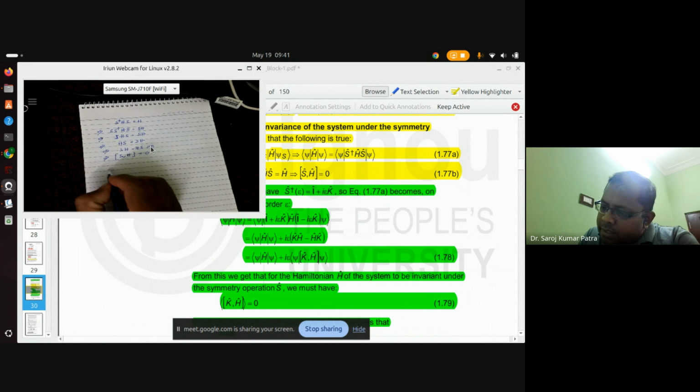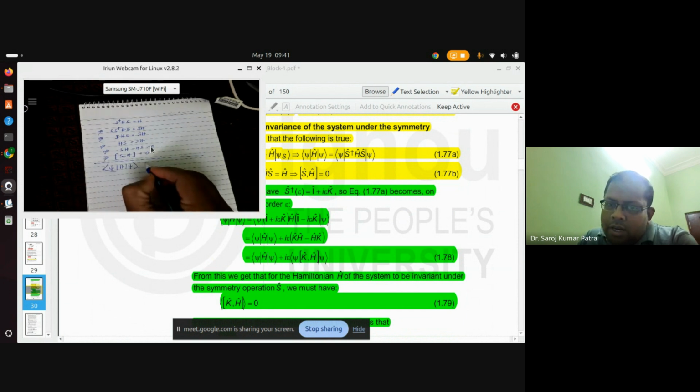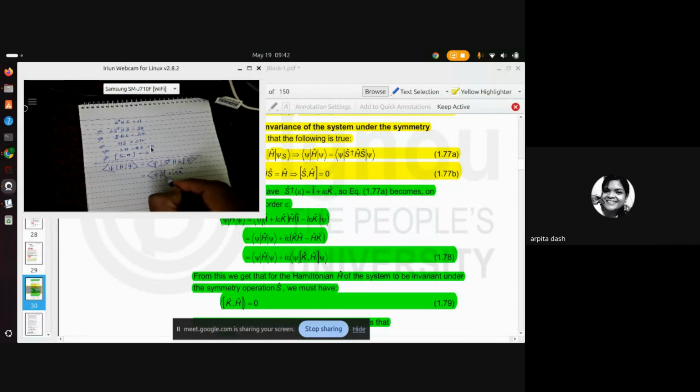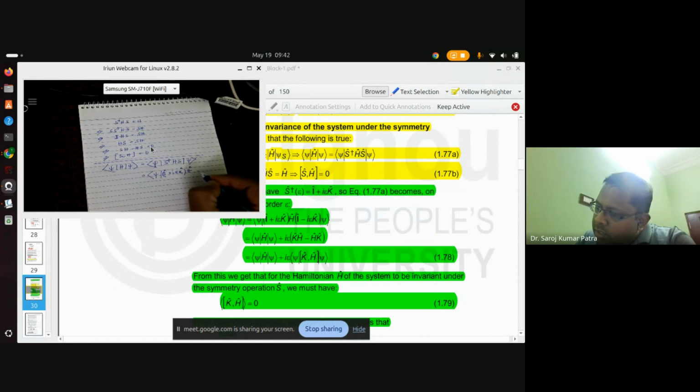So what we have is psi H psi, and what we will write is equal to psi S dagger H S psi, right? And what is S dagger? S dagger is I cap plus I epsilon K cap, then H, and then I minus I epsilon K cap psi, right?